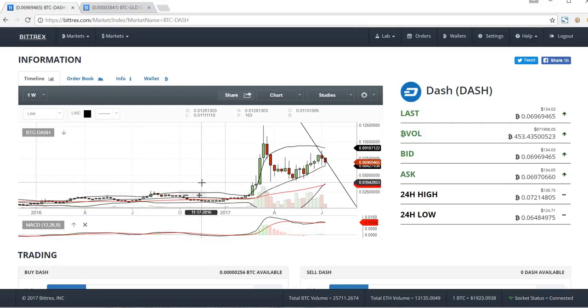As you can see, it's kind of unusual to get a nice buying opportunity. On the other hand, you have so many different cryptocurrencies, so you can also do some screening. I think Bittrex has around 100 cryptocurrencies in total, so there are definitely some cryptos out there.